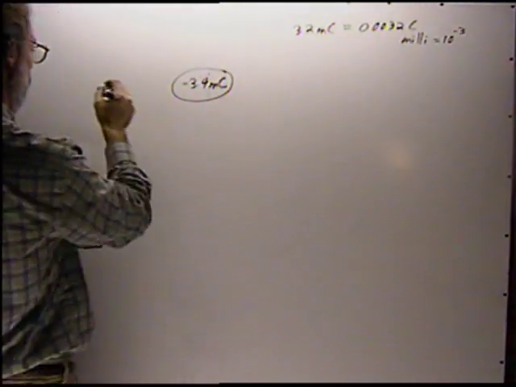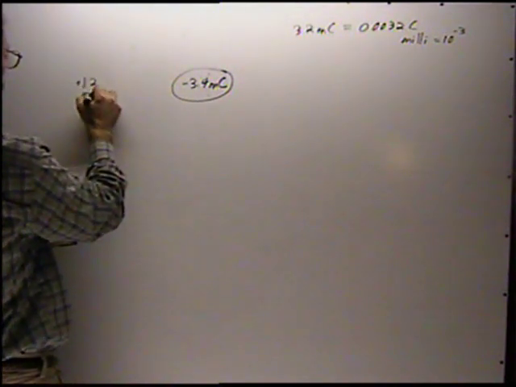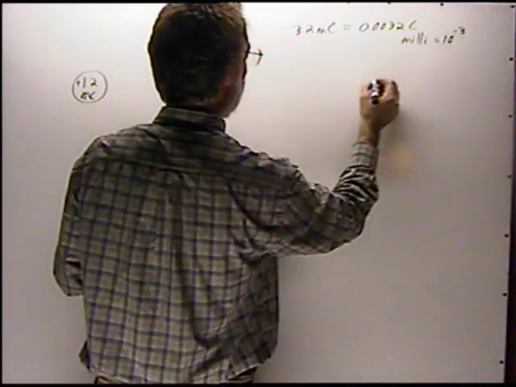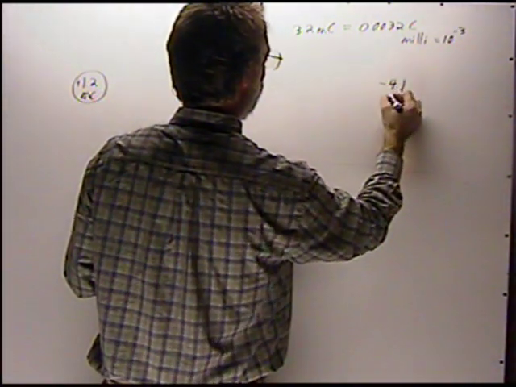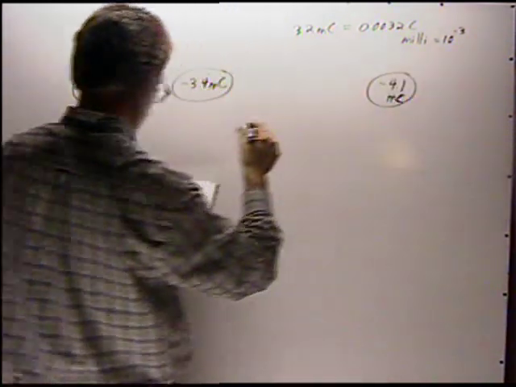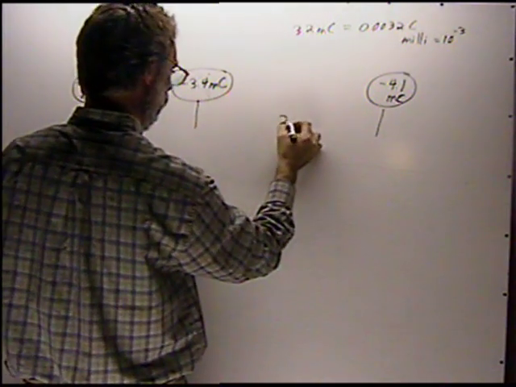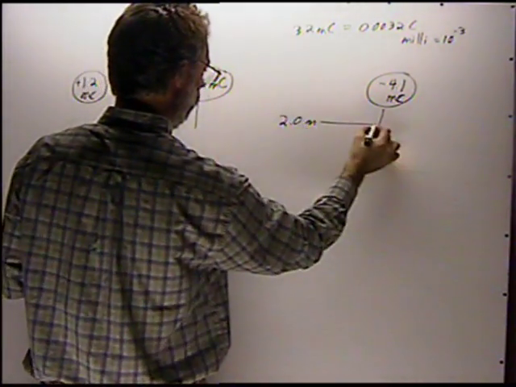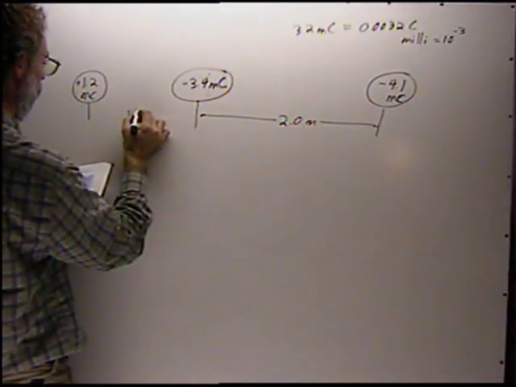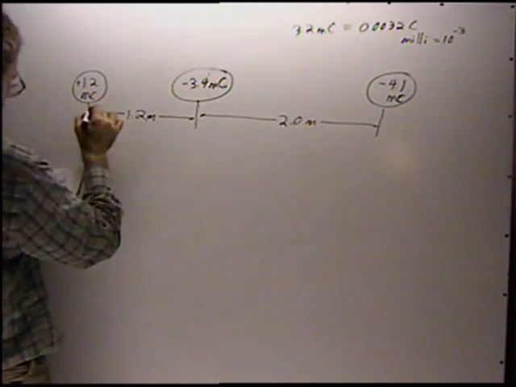Okay, we have a plus 1.2 millicoulomb charge over here, and we have a minus 4.1 millicoulomb charge over here. And the separation distance, this is 2.0 meters from here to here. And this is 1.2 meters from here to here.